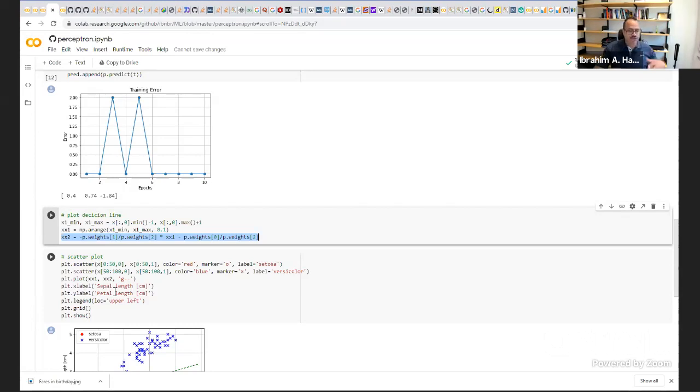So another way is to generate a grid of points between x1 and x2 and send all those points to the prediction function, and it will just classify each point into plus or negative. So we can have a better graph for the decision line.